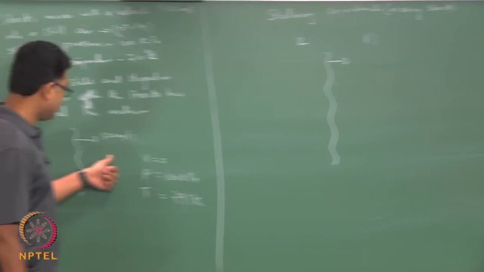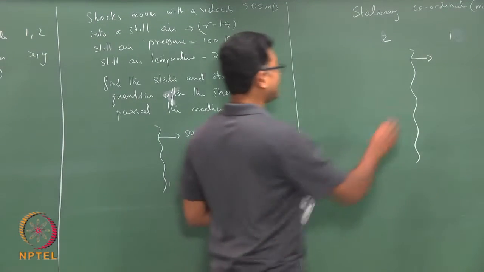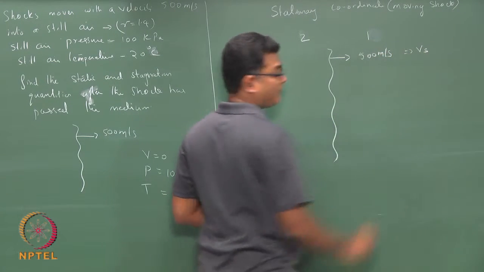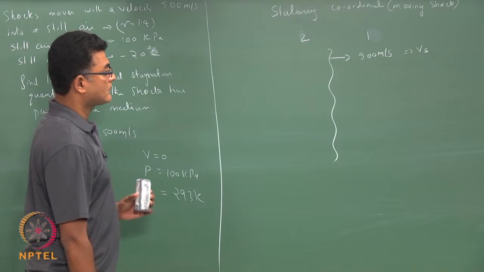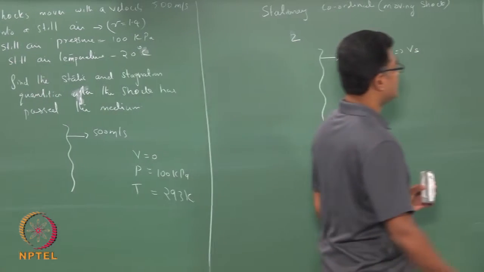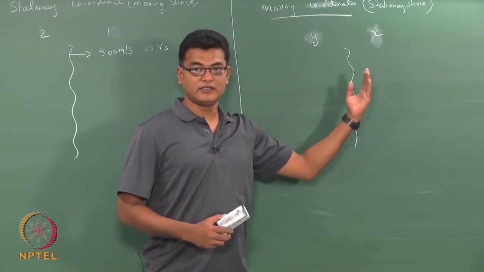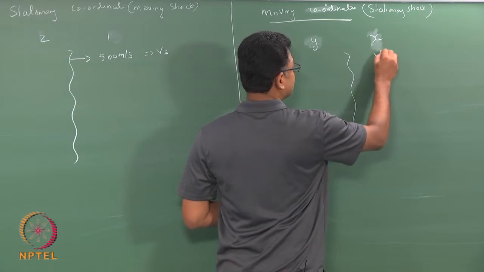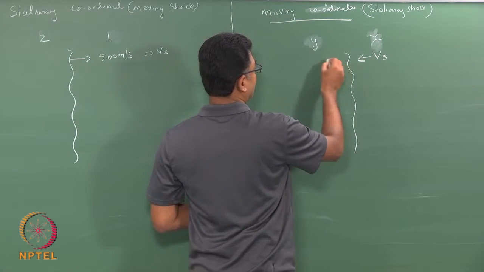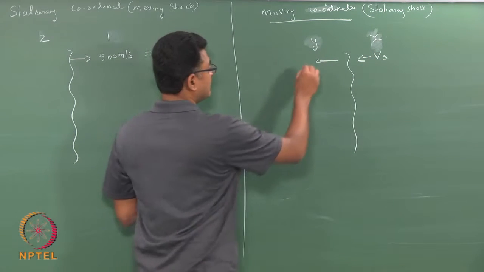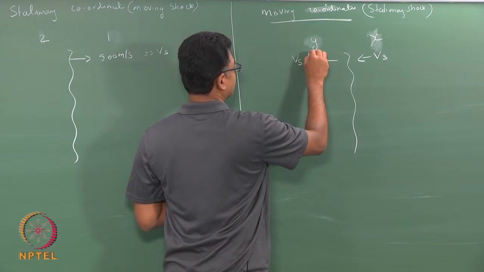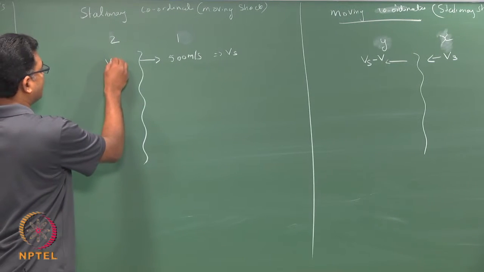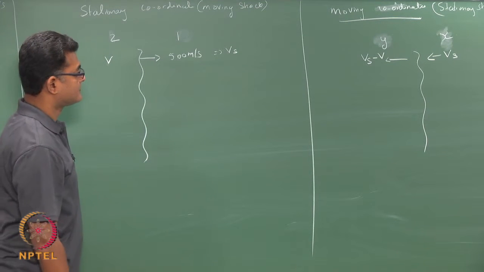First is the velocity of the shock is 500 meters per second, which is our Vs. So in the stationary shock, I will be facing the fluid which is moving at a velocity Vs, and I would see the fluid receding me with Vs minus V. Okay. So the velocity here is V.